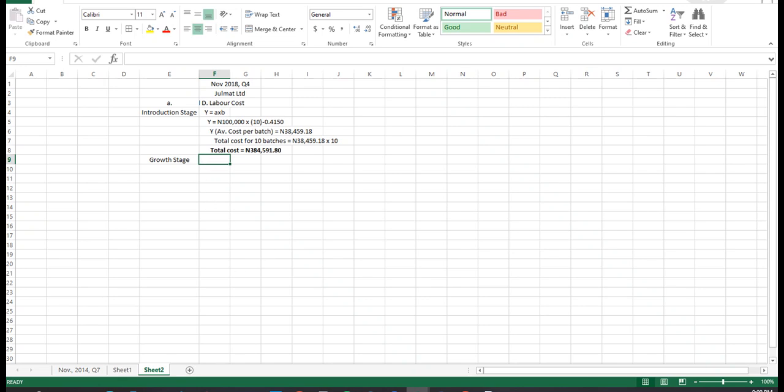Can we add the 30,000 units to the 10,000 units, then divide? To the introductory stage? No, we are doing this separately, right? Okay.